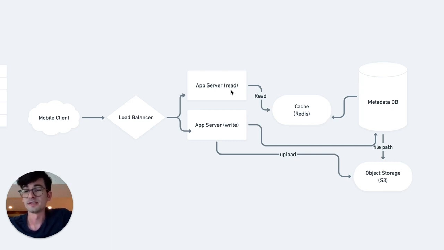Does this user have access to this image or is it private? It will look to the cache first to see if it has this image in there. And if the cache is fresh, it will just return the image data or any user metadata that it needs.